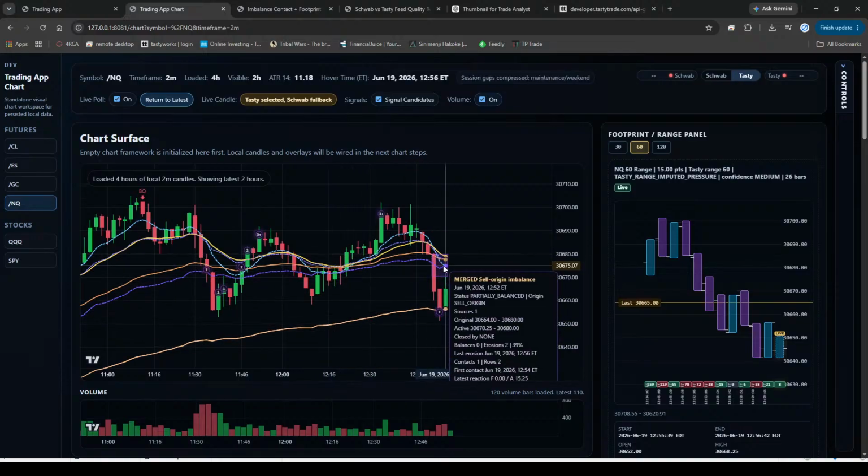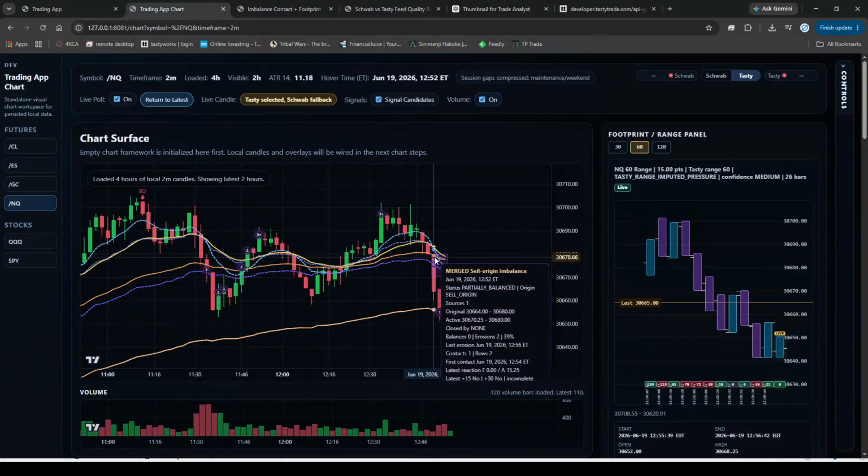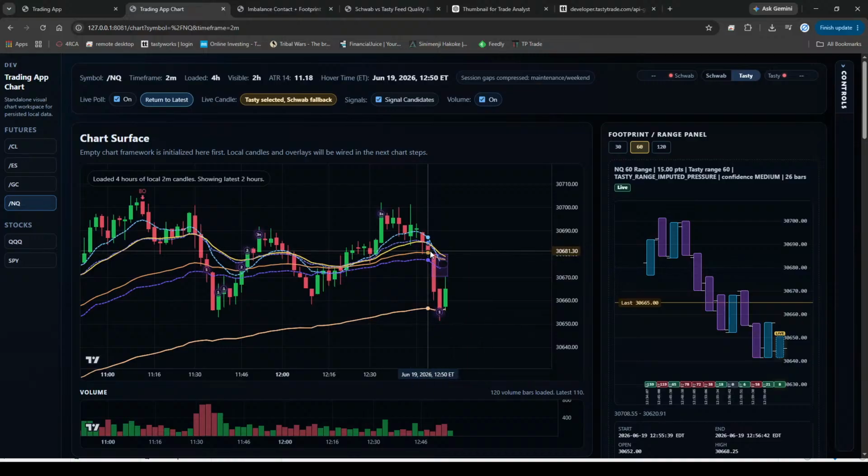And with this sell-off, we did generate a sell. So this candle's greater than 1.5 times the previous candle. So this is what's triggering the rule. So the rule is just 1.5 times.